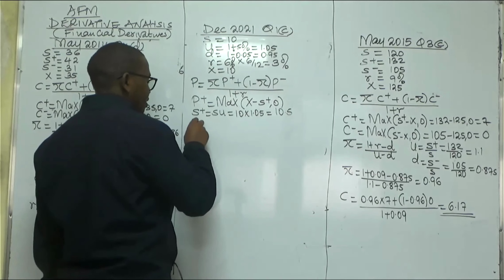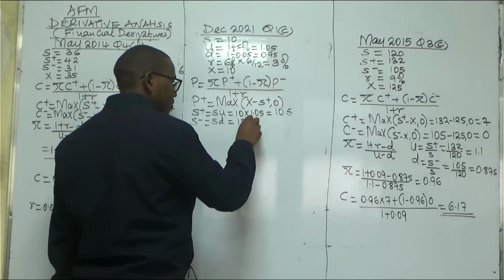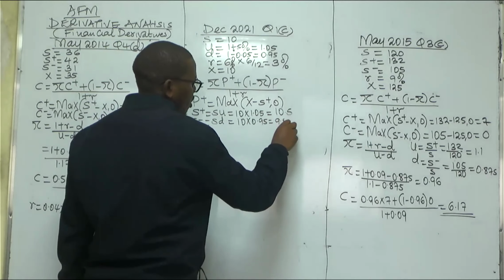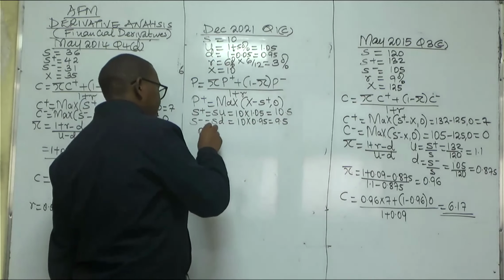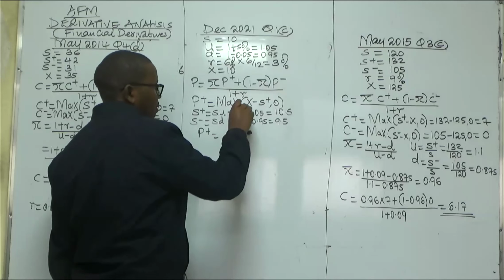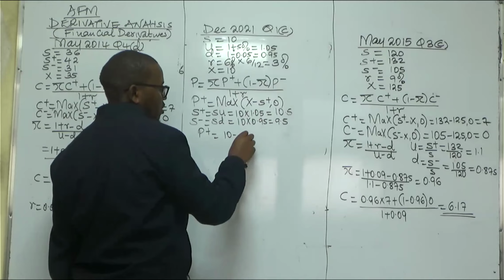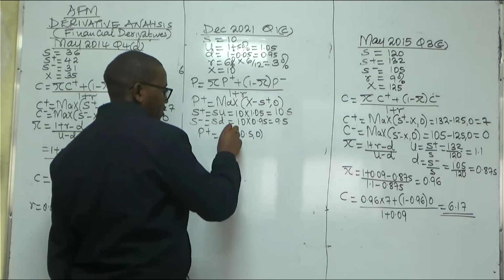S minus here should be SD. So it's 10 times 0.95, which should be 9.5. Therefore, our P plus will be the maximum of X, which is 10, minus 10.5, compared with 0.